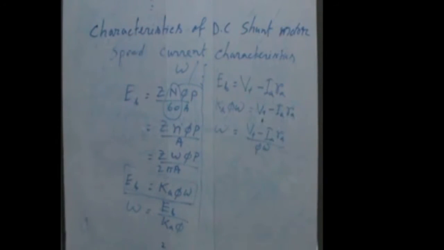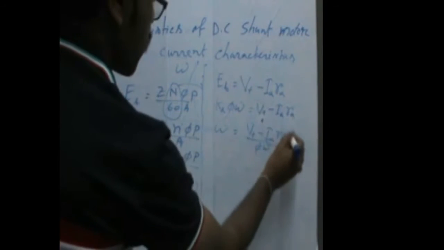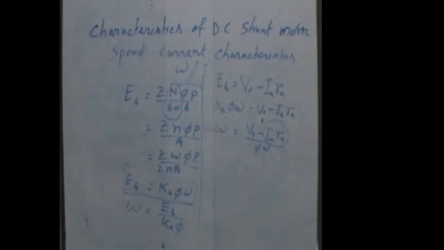Now we are going to draw the characteristics of speed versus armature current. If we increase armature current from the initial zero value towards the rated value and beyond rated value, then Ia Ra will increase.